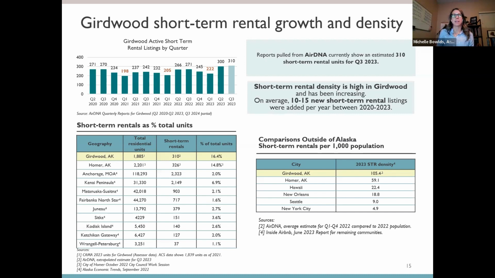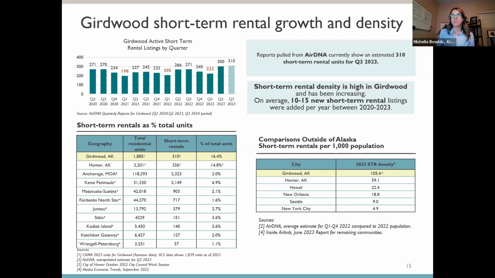The first being the percent of short-term rentals to total housing units in a community. In Girdwood, roughly 16% of the housing units are being used for short-term rentals in some capacity. That's comparable to Homer, which has roughly 15% of their total housing units being used for short-term rentals.